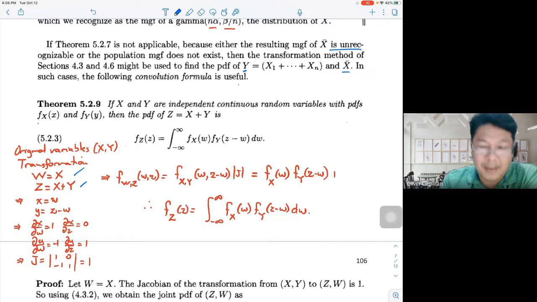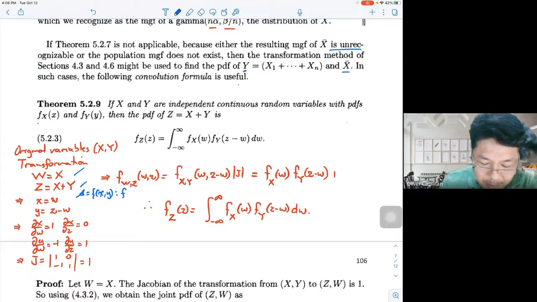Actually, yung script A natin dito is the set of all ordered pairs. Kung i-detail natin yung pag-derive natin dito, supposedly meron tayong script A here is a set of all ordered pairs x, y, such that the joint density to be positive.